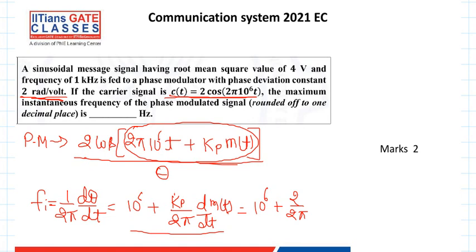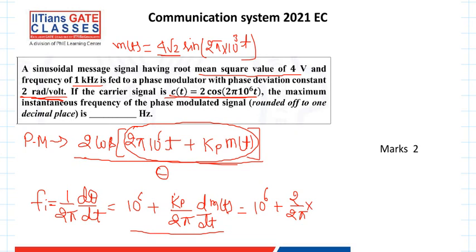Now let's differentiate this message. What is the message here? The message is a sinusoidal signal which has a root mean square value of 4 and frequency 1 kilohertz. So the message m(t) is 4 root 2 sine 2 pi into 10 to the power 3 t. I am writing it as 4 root 2 because this is the RMS value, so the peak value will be root 2 times the RMS value. Now let's differentiate this message with respect to time.